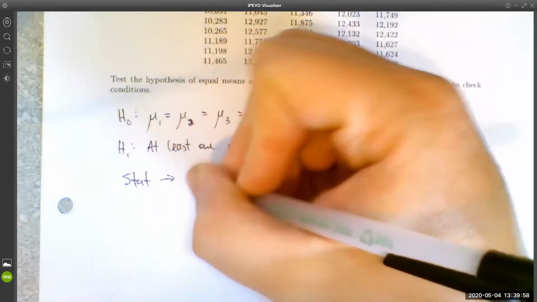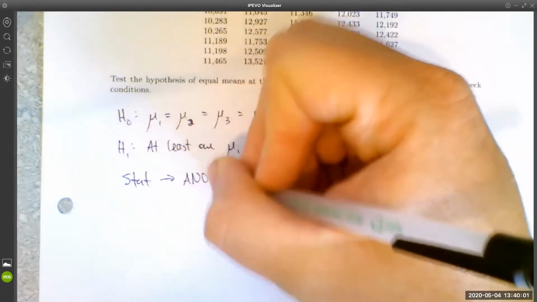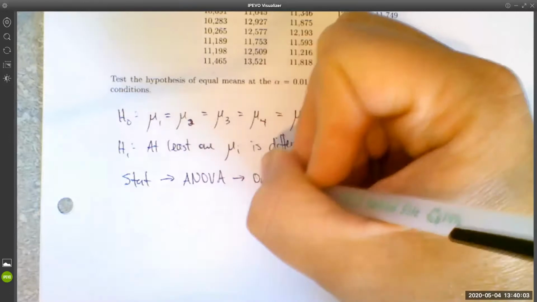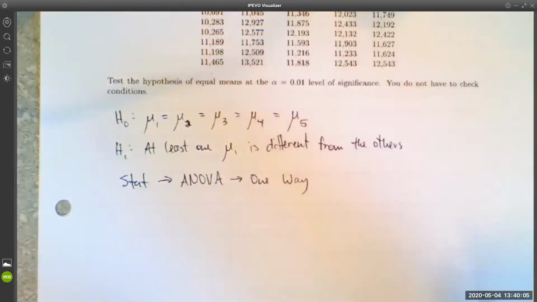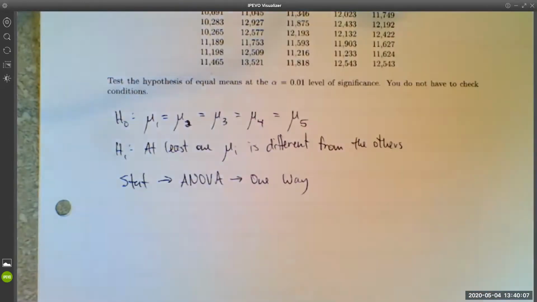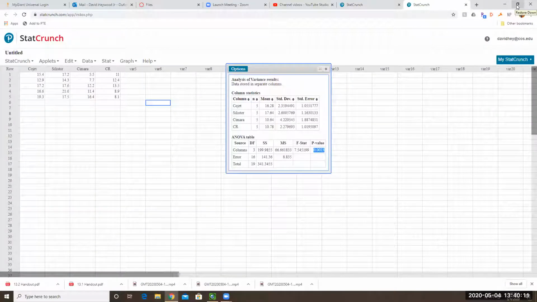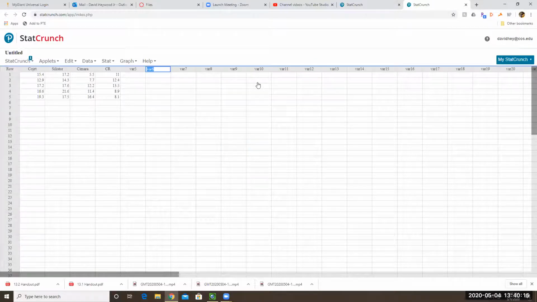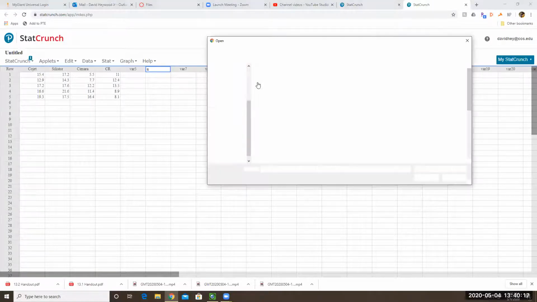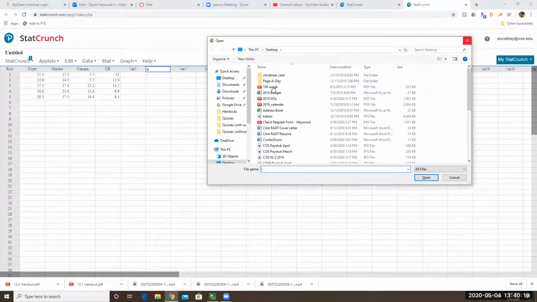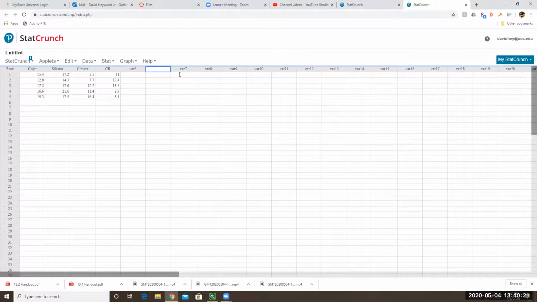Stat, ANOVA, one way. Okay, let's go to StatCrunch and get that data into StatCrunch. Did something weird.